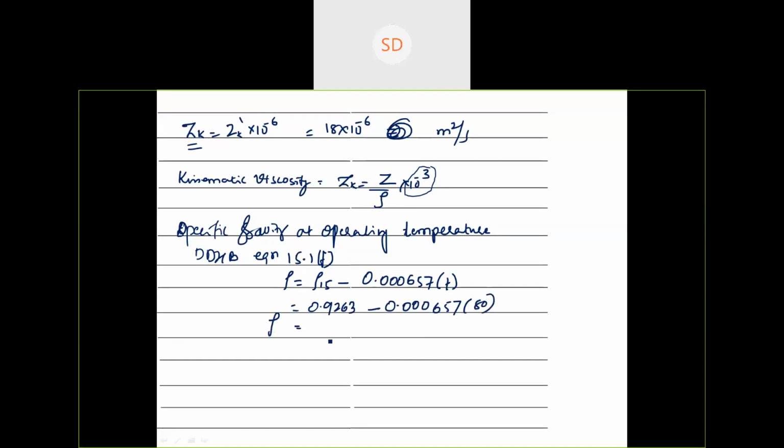Now you will get the value of specific gravity at operating temperature. Someone calculate and give the answer. It is 0.8734, right?